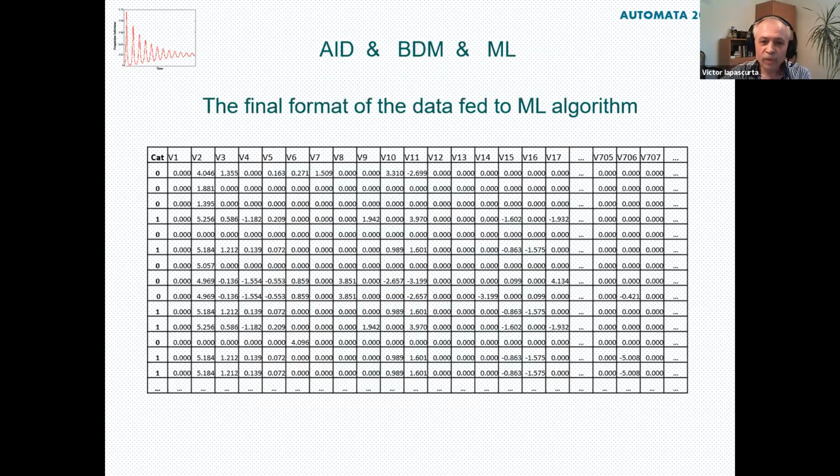And the final format of the data that will be fed to the machine learning algorithm will look like on the screen. The first column, category, is labeling of the cases, 0 for interictal and 1 for preictal, and the rows are samples, and V1 to V1000 represent the beta log ratio for these samples.